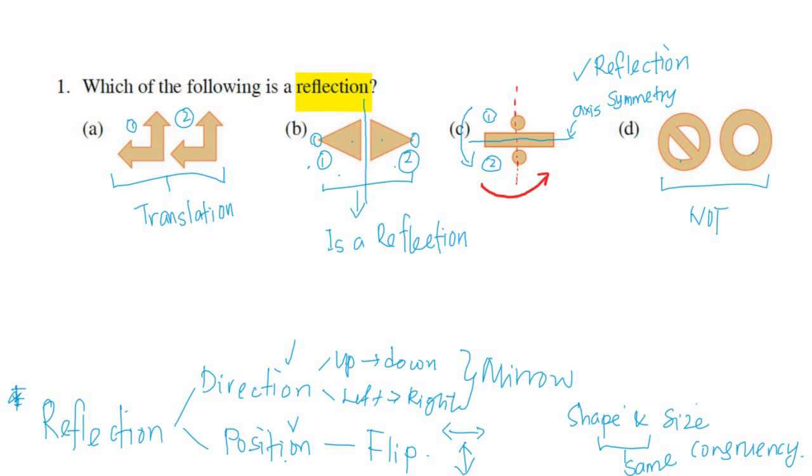So in this question we have two reflections, B and C. I hope you understand.